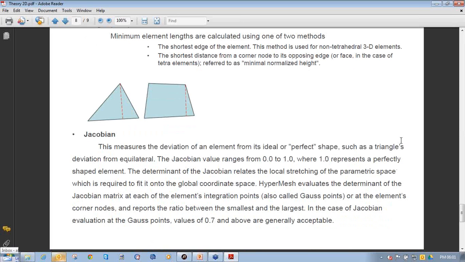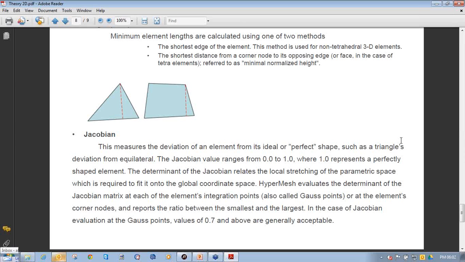The determinant of the Jacobian relates to the local stretching of the parametric space which is required to fit it onto the global coordinate space. HyperMesh evaluates the determinant of the Jacobian matrix at each of the element's integration points, also called Gauss points, or at the element's corners, and reports the ratio between the smallest and the largest.